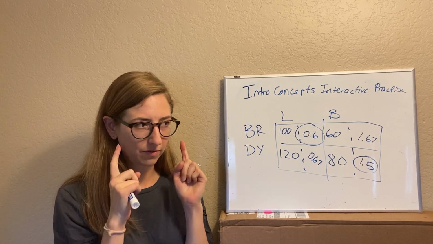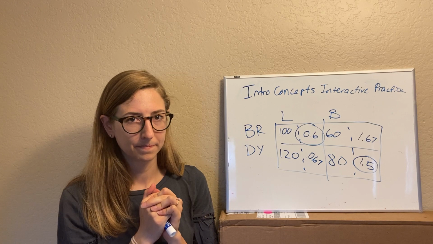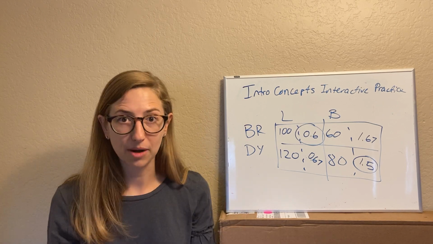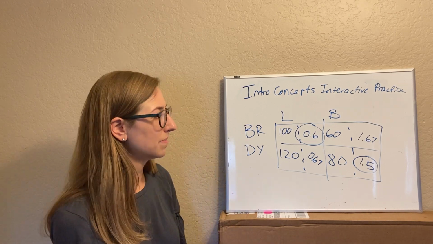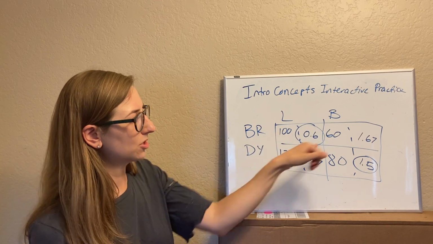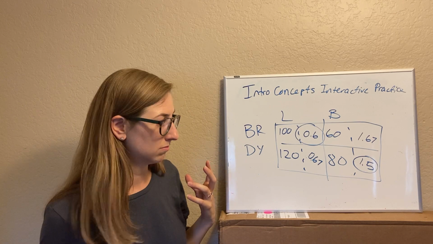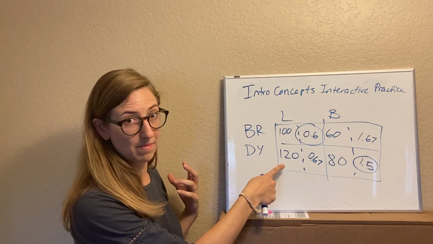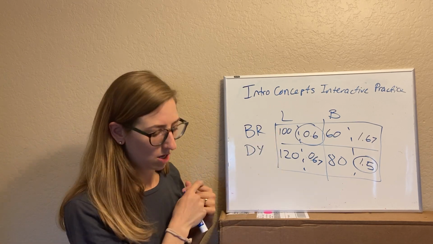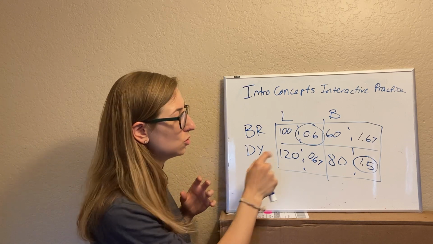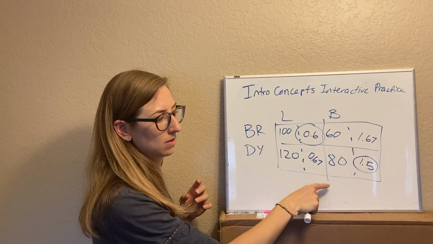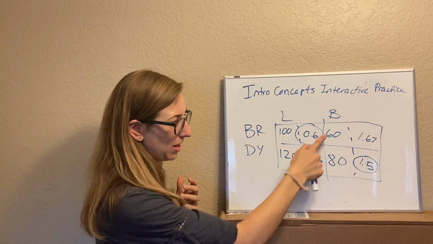Absolute advantage in producing lattes: remember what absolute advantage is? Go ahead and say it. Being better at producing something than someone else. We just look at the numbers they can produce. For lattes, who's better at making lattes? DeYoung's, they make more than BlackRock does. And for boba teas, DeYoung's again, they can make more than BlackRock can.